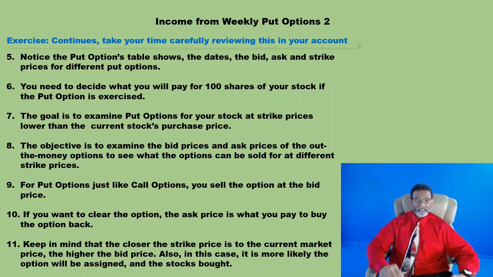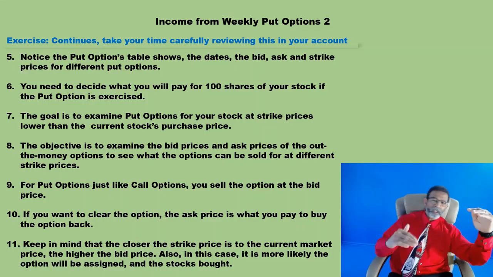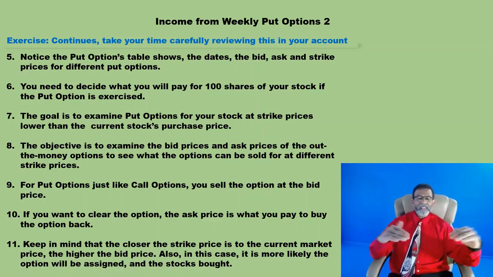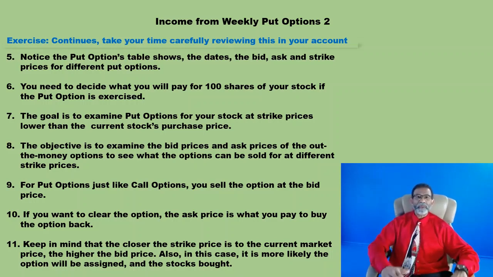The goal is to examine these put options at different strike prices to see also the bid price at different strike prices, to see if the bid price and ask prices are closer together, and can you make money by selling the cash secured put option for the bid price? Is that bid price high enough?